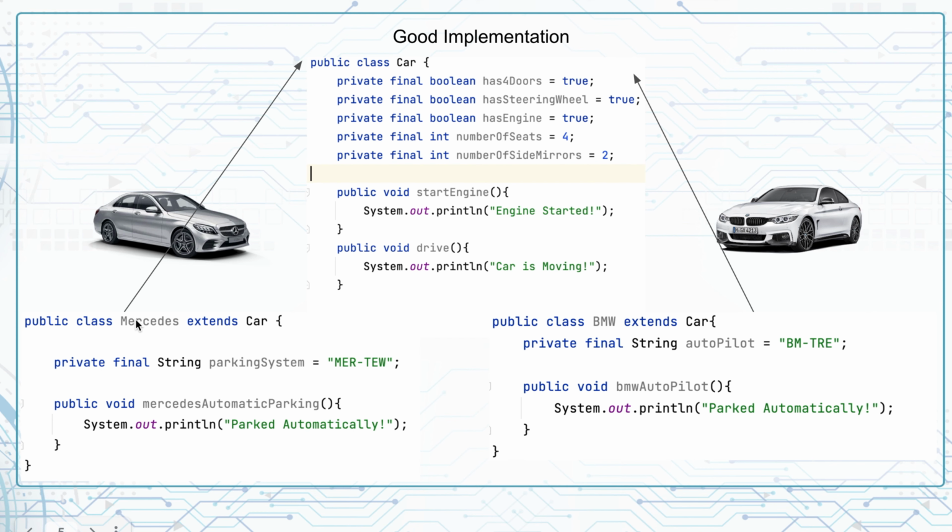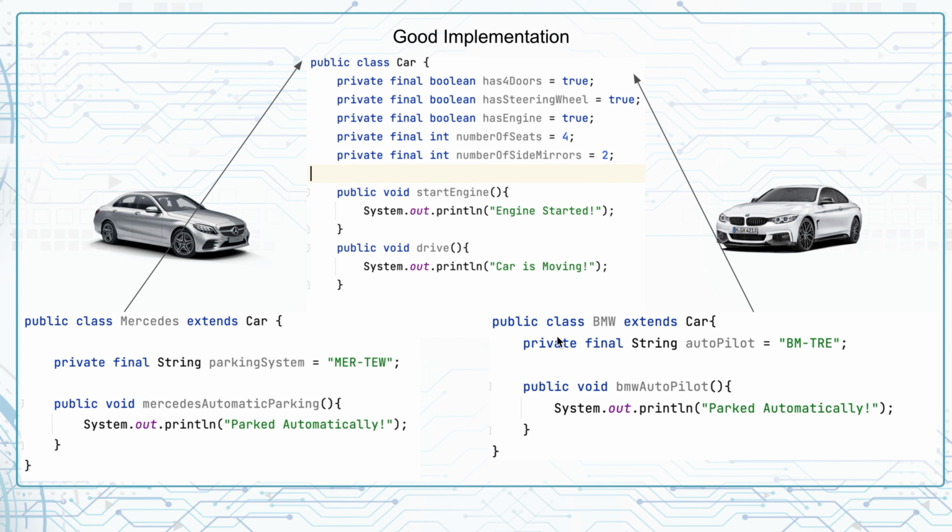Inside the child class, which is now Mercedes, we use in Java the word extends to start an inheritance relationship. So now we're saying the class Mercedes inherits all the attributes from the class Car. And now as you can see in the class Mercedes, we only put the different attributes, which are specialized, only specific for this car.